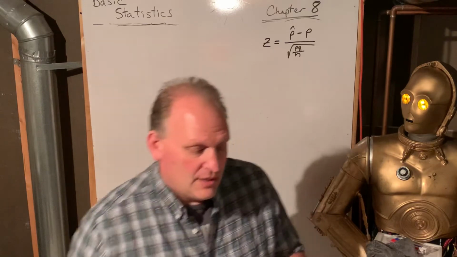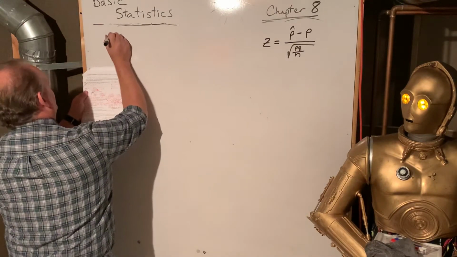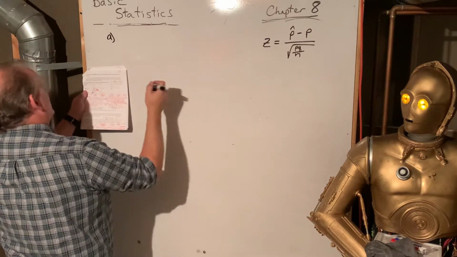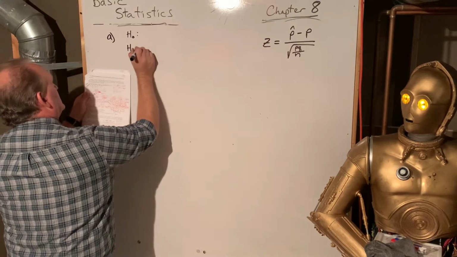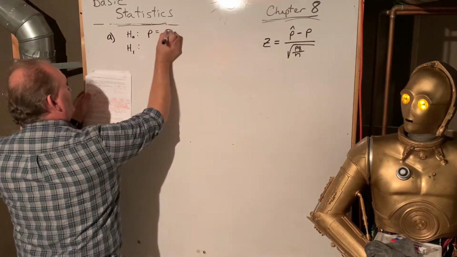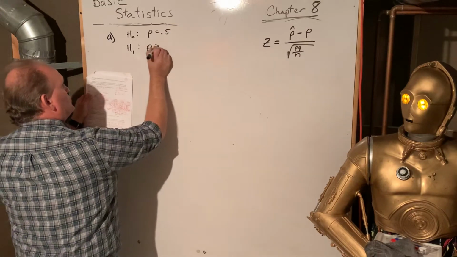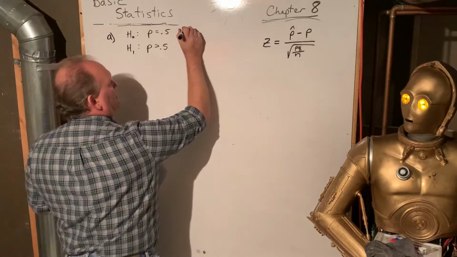Again, with this particular claim, stating the hypotheses is always the first thing, the null and the alternative. I'm going to say the null is p equals 0.5 and the alternative is p is greater than 0.5. You could have a different null.